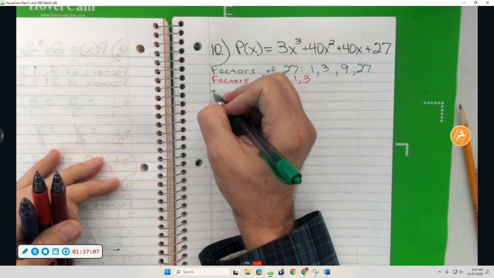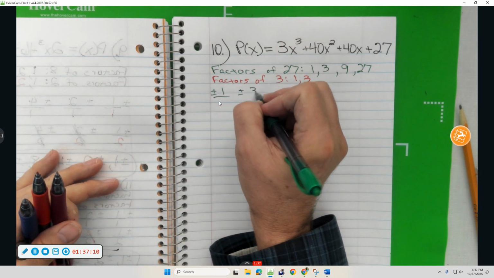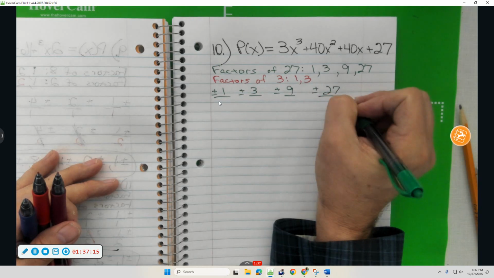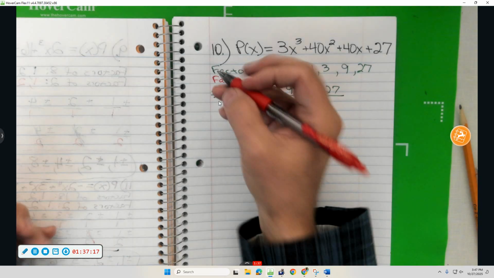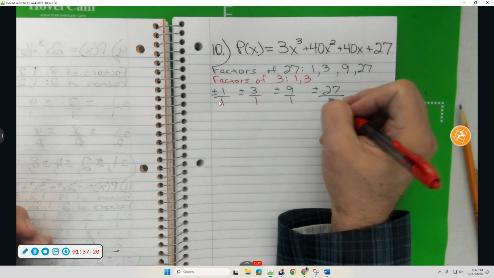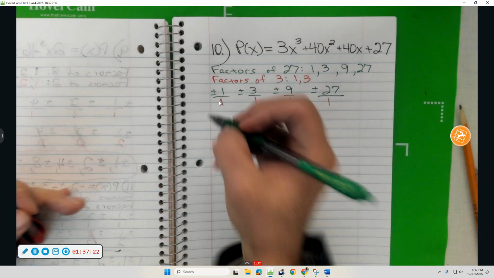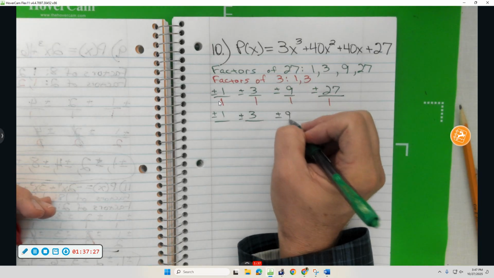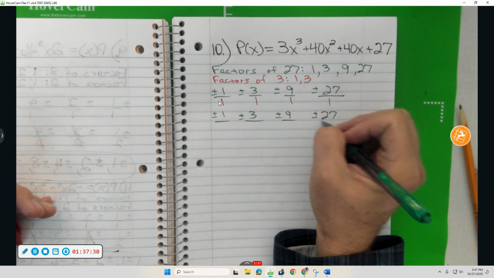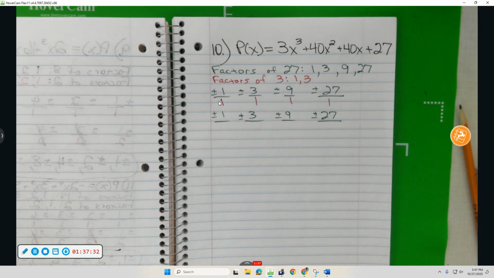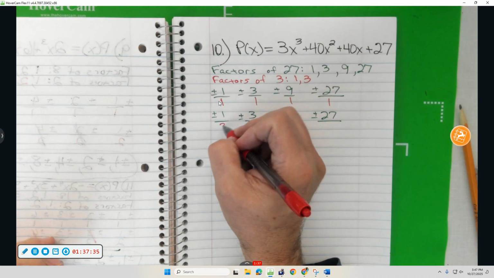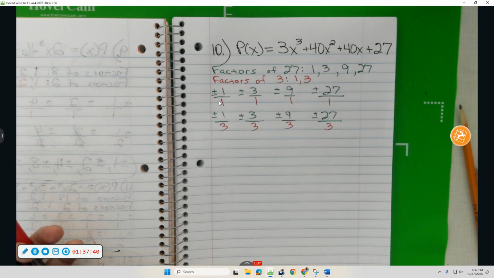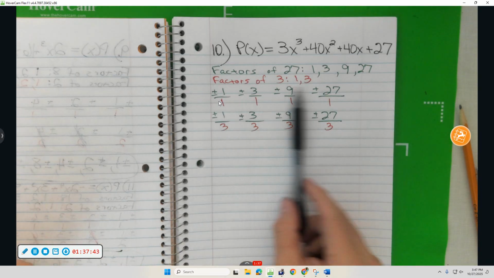In the first row, that gives us all the integers.